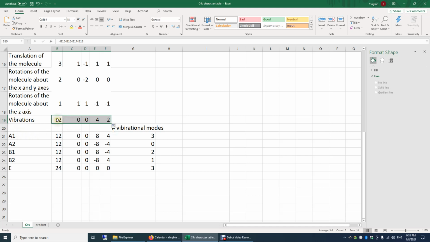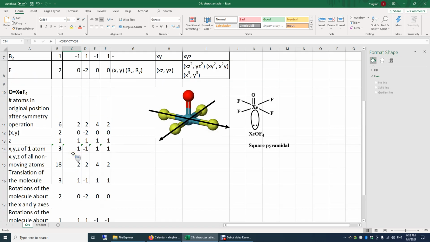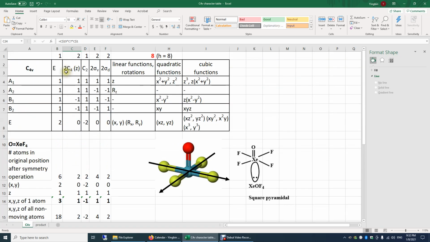So we need to multiply this row with the characters in the A1 row, in the A2 row, in the B1 row, in the B2 row, and also in the E row. And then don't forget this. We have more than one symmetry operation in this class, and also in this class.